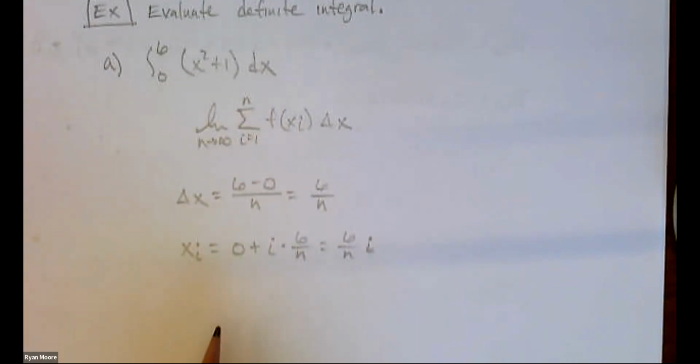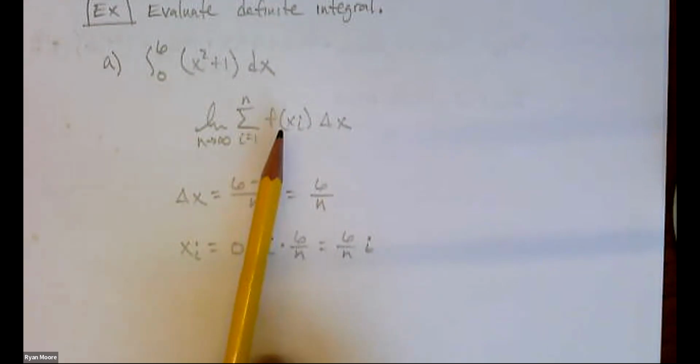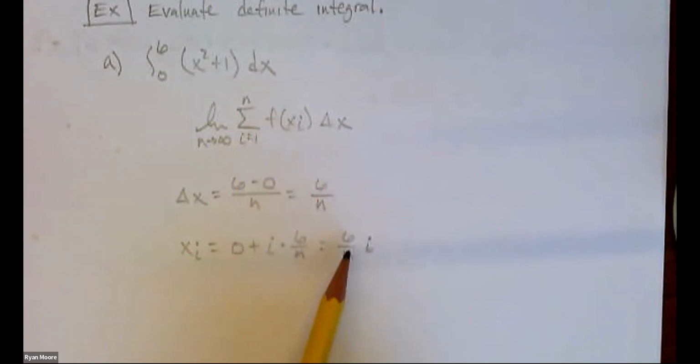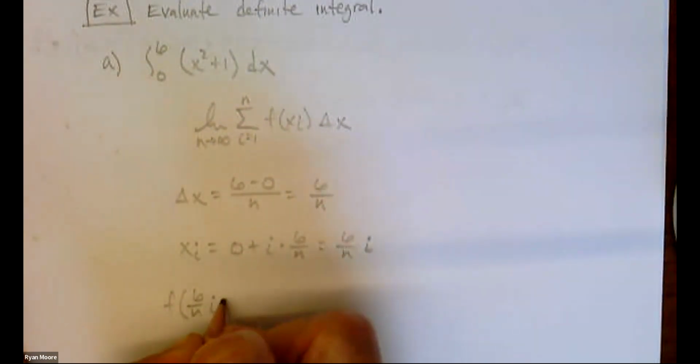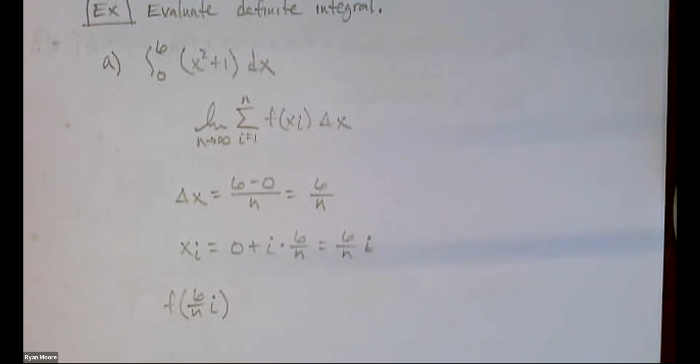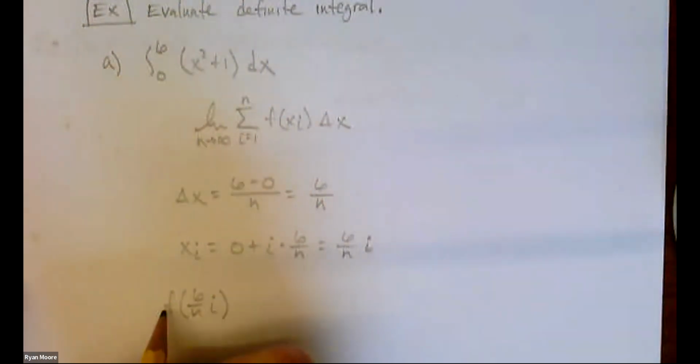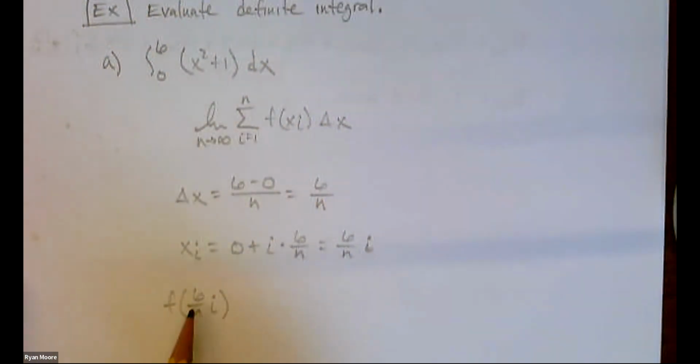Okay, so these two things are making use of our theorem. Now we're going to plug these in to our formula. You know what? Let's start just with the f of x sub i. There's x sub i. I'm going to put that in, make our life a little bit simpler. Let's do this ahead of time. What does this even mean? f of 6 over n i. Our function, like what is f of x?